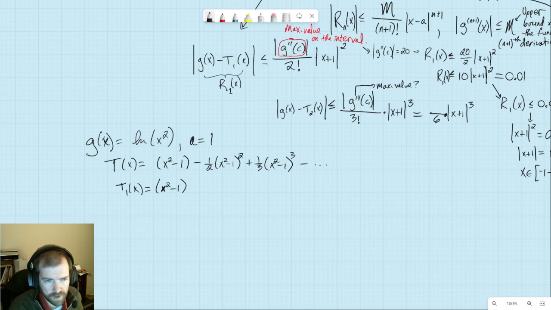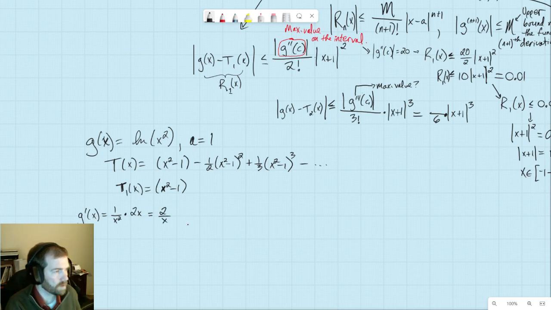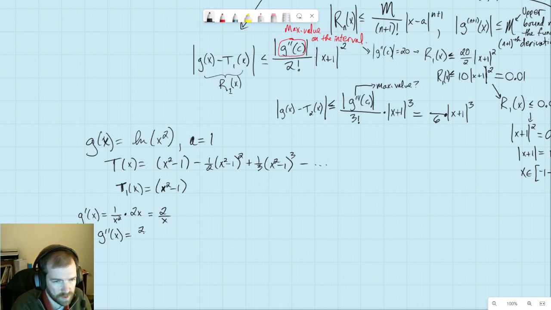Alright, if we are centered, g prime at x is going to be equal to 1 over x squared times 2x, which is equal to 2 over x. G double prime at x is going to be the derivative of this, negative 2 over x squared.